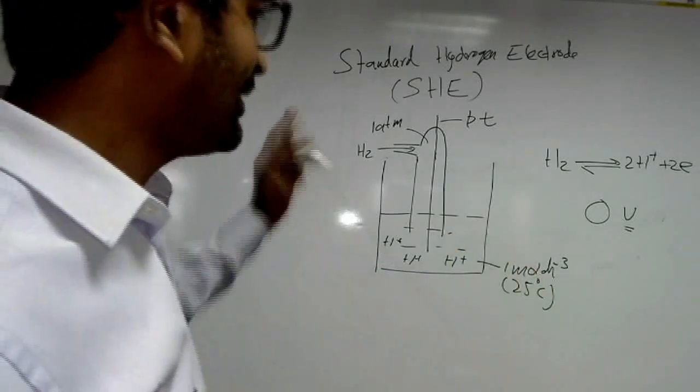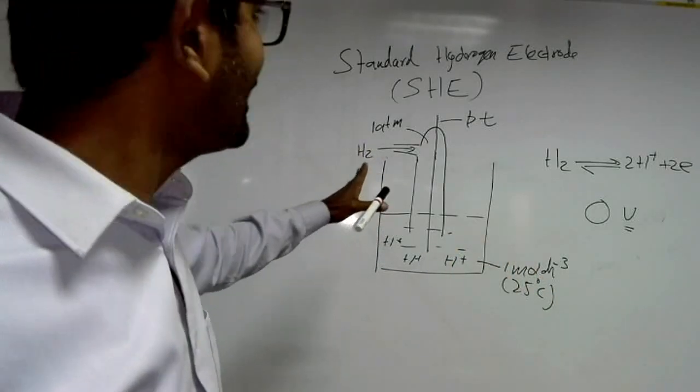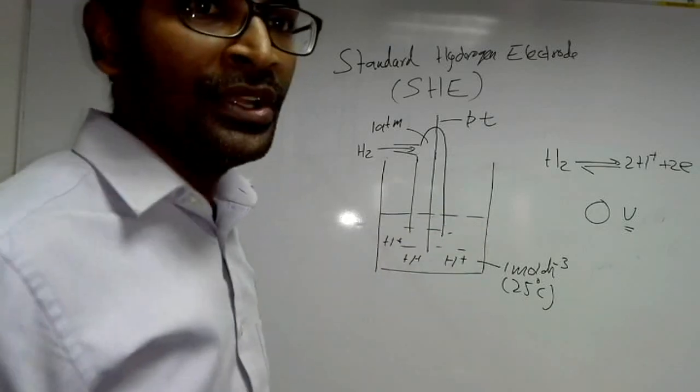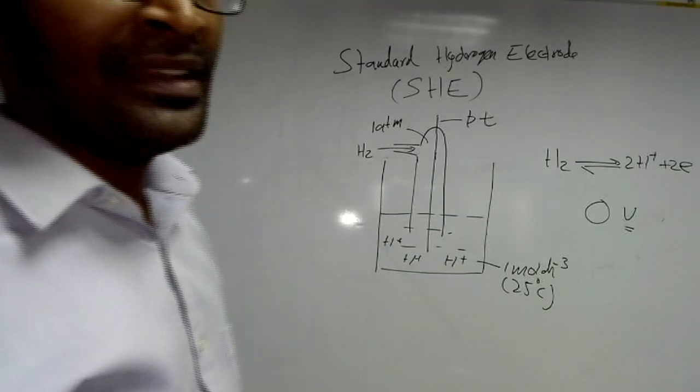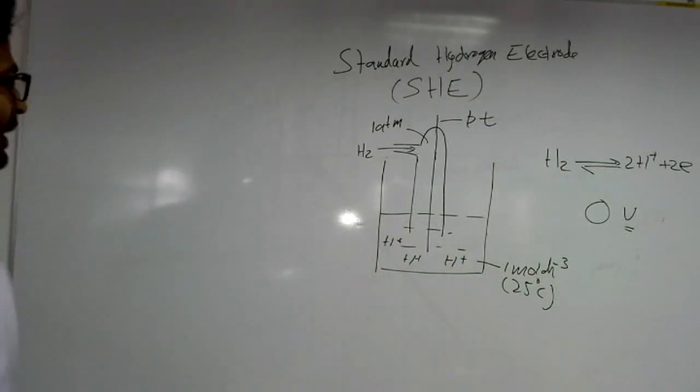For example, now I am going to connect this standard hydrogen electrode with the magnesium metal ion electrode.